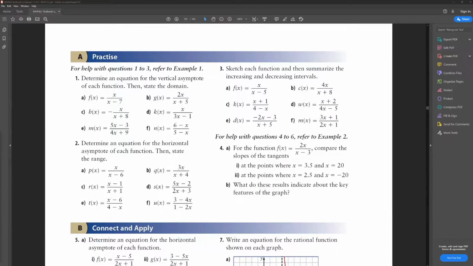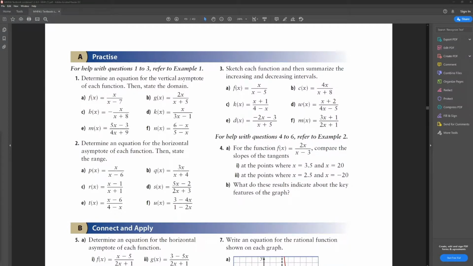I also sent question 4, which asks the following. For the function f of x equals 2x divided by x minus 3, compare the slopes of the tangents. So what we're actually getting over here is applying the knowledge we got in chapter 1 about rates of change. Once again, this will be a common theme throughout the whole textbook, at least for everything that has algebra in it.